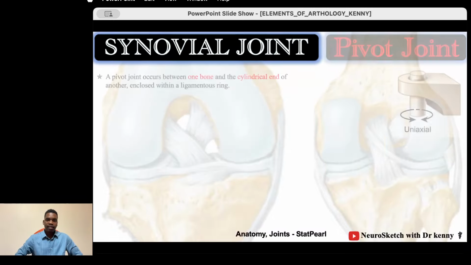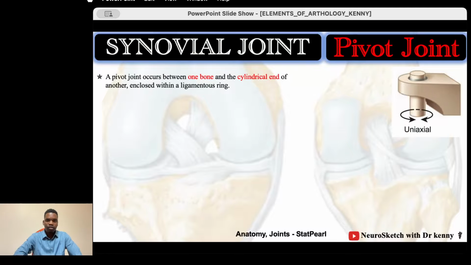So the second type of the synovial joint is the pivot joint. The pivot joint is formed between one bone and the cylindrical end of another bone. So this is the first bone, and this other bone makes the cylindrical end.